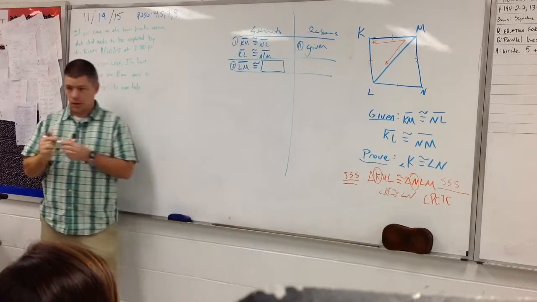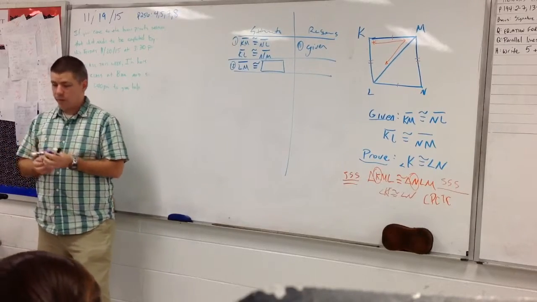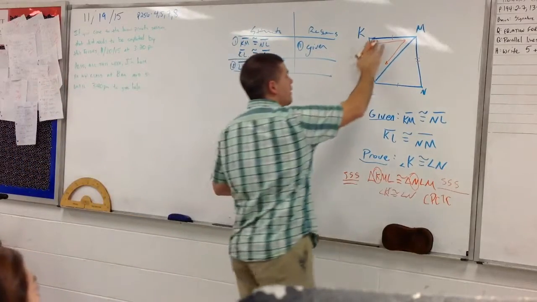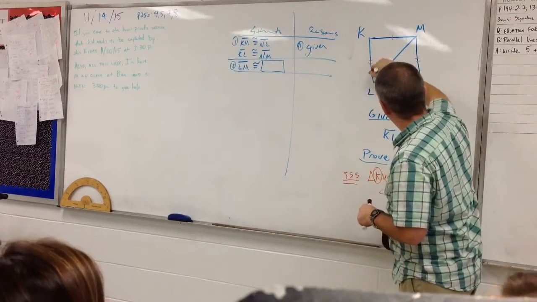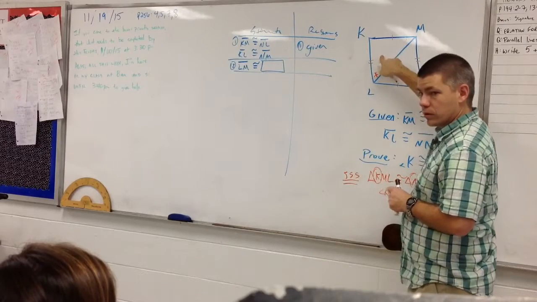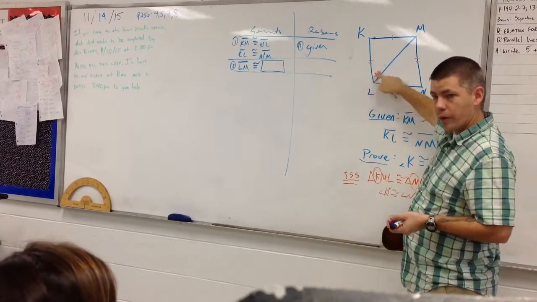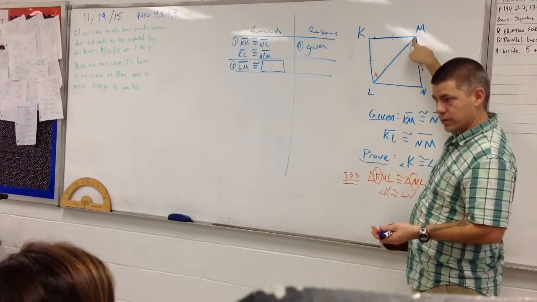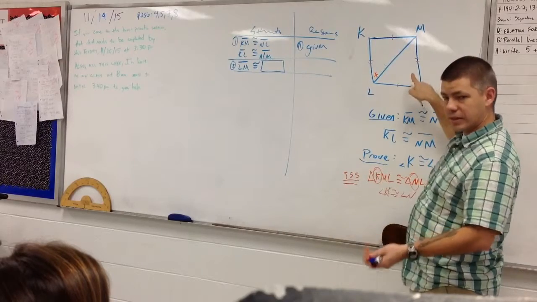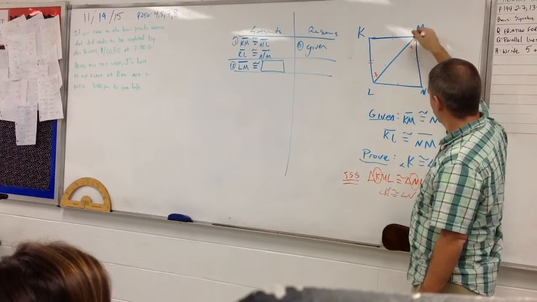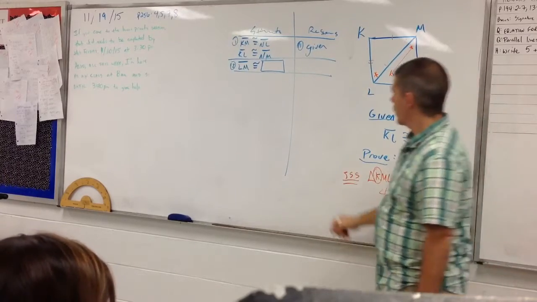Follow the pattern. If you say LM on the top triangle, you're starting at the end of the second tick mark and going through the line. So follow the same pattern: start at the end of the second tick mark and go through the line. So what is it? ML.